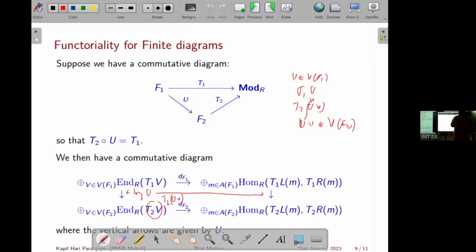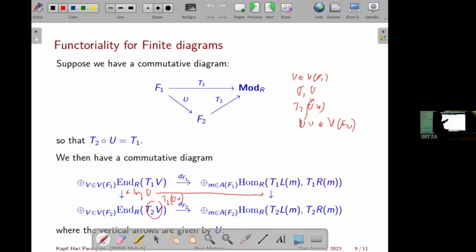It need not be injective, of course, but the point is that under T1, two vertices will go to the same vertex. Doesn't matter which one, but they will have to be the same because under T1 they are going to the same element. I didn't even require that T1 is injective in some sense.